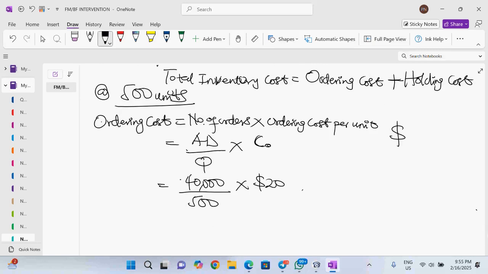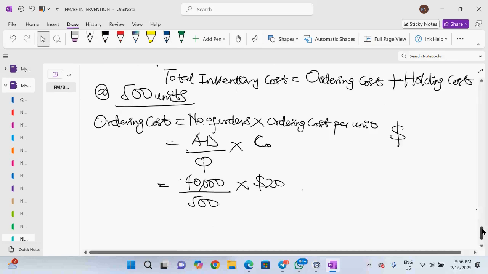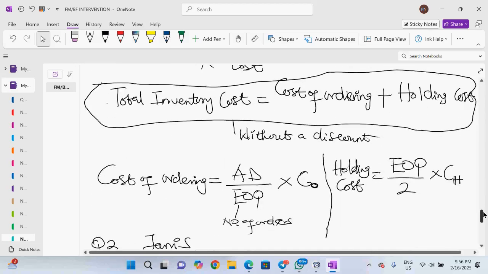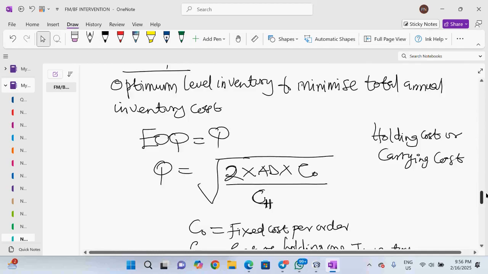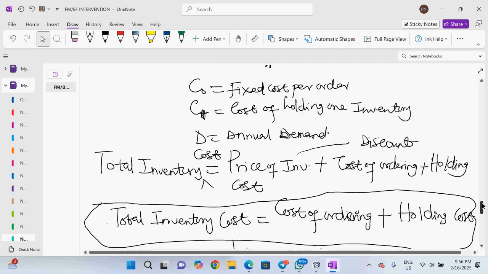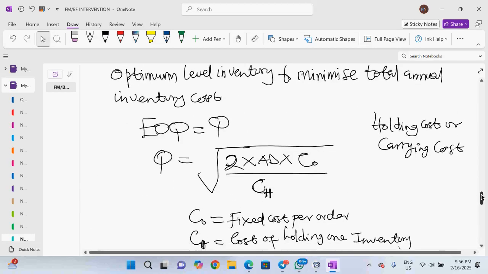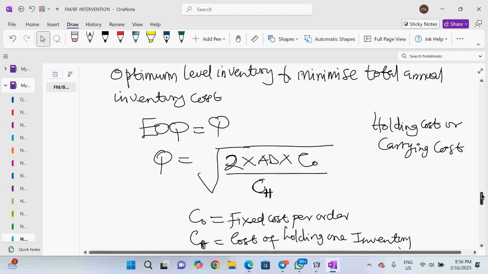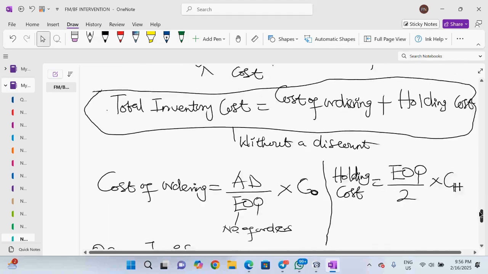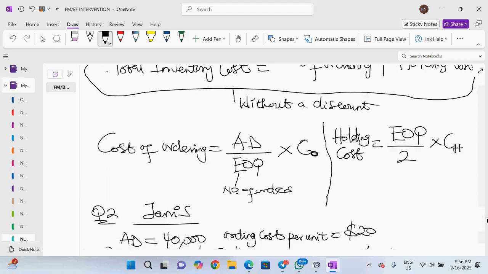That's why I said here that EOQ is equal to Q. So the cost of ordering is annual demand over the EOQ, and this alone gives us the number of orders.